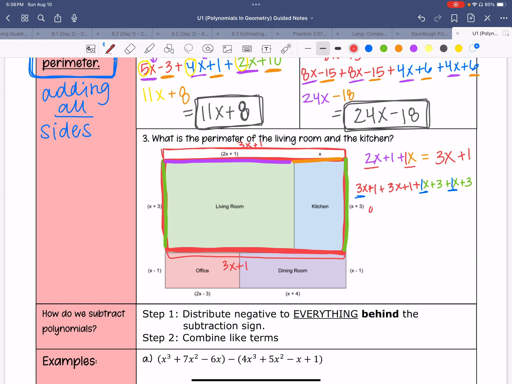So that's going to give me 8x plus, now I'm going to combine all of my constants. So 1 plus 1 plus 3 plus 3 is going to give me 8. Again, check that we are in standard form, and we are. So our final answer would be 8x plus 8.